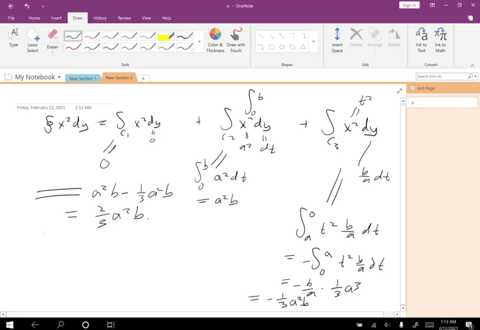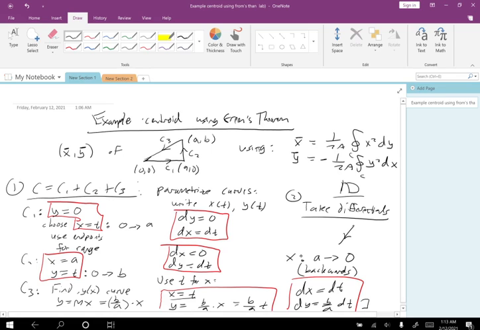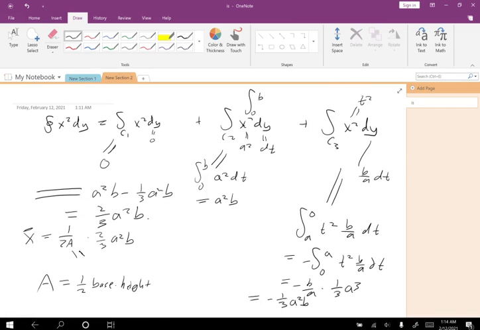Therefore, our center of mass is 1 over 2 times the area of this thing. The area is quite easy: it's just half the base times the height of our triangle. The base is a, the height is b. So we get 2/3 a squared b divided by ab, which is 2/3 a.